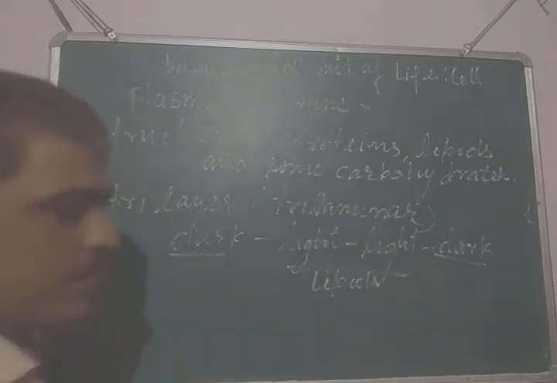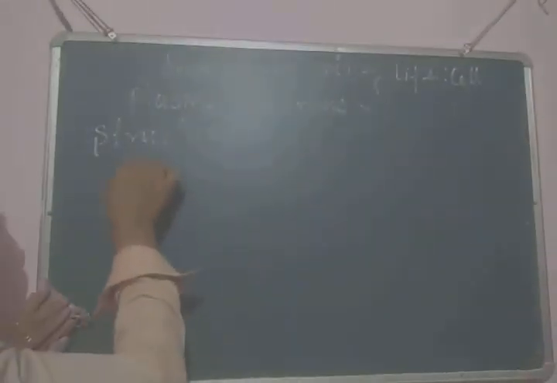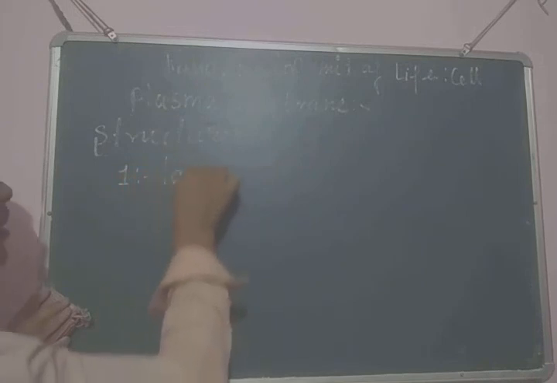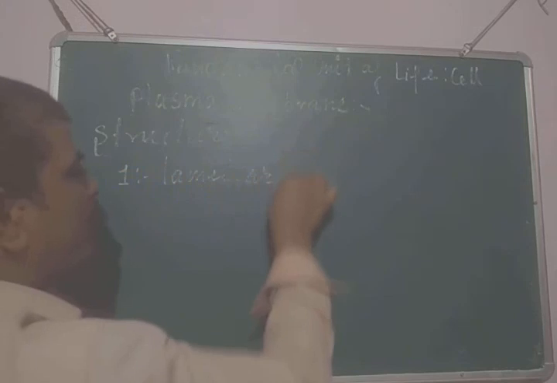Different models have been proposed for the structure of the plasma membrane. The first model is called the lamellar model.